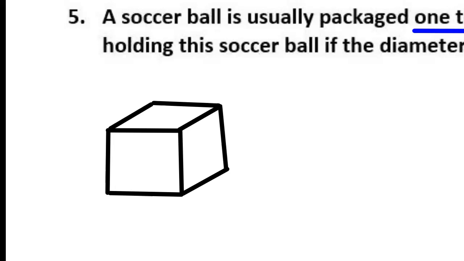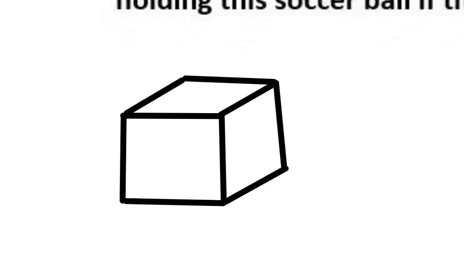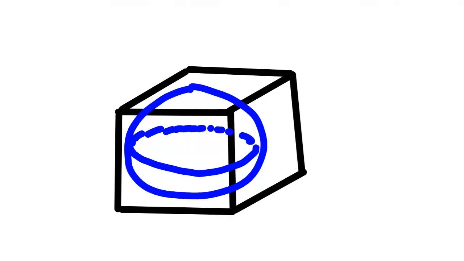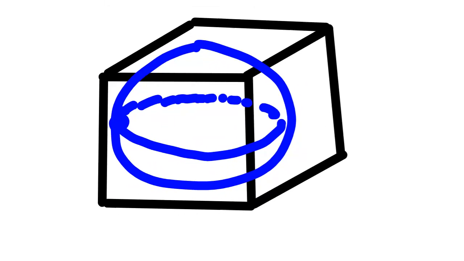And we have a soccer ball inside of it. And it doesn't say it, but this soccer ball should fit perfectly inside the box. Similar to number 3 yesterday, the ball should be flush against the sides of the box. So it should just be touching the edges of the box here and here.